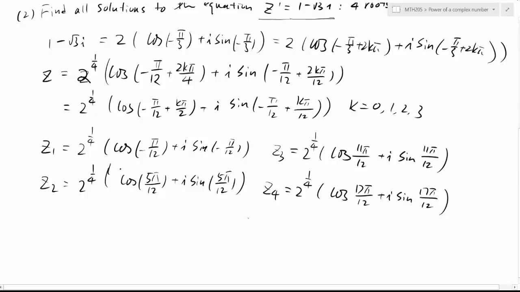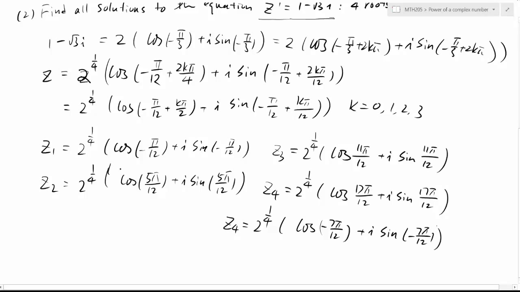So how to find the principal value of this z4? We just simplify this a little bit. It's 2 to the 1/4. Remember, cosine and sine have period 2 pi, so we actually subtract 2 pi from this one. That's going to give us cosine negative 7 pi over 12. Now it's within the principal value range. And i sine negative 7 pi over 12.